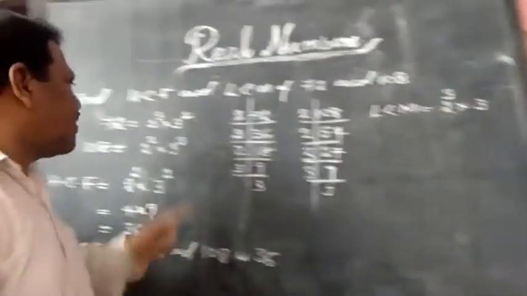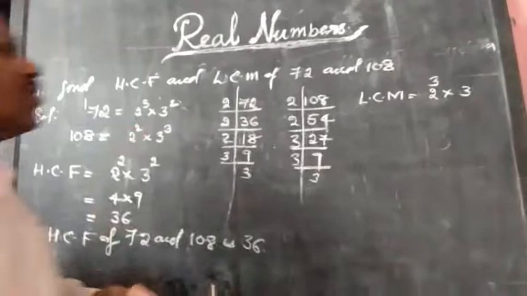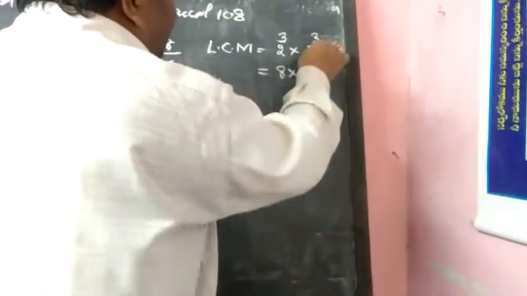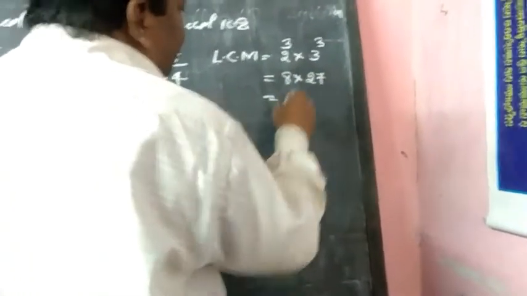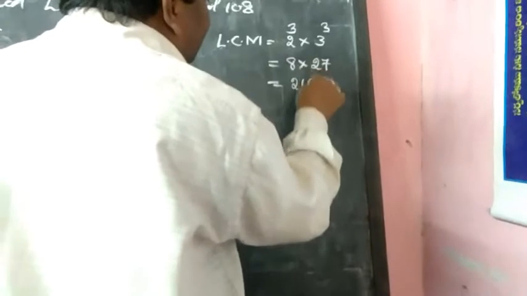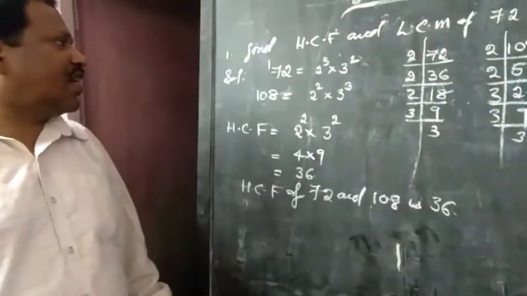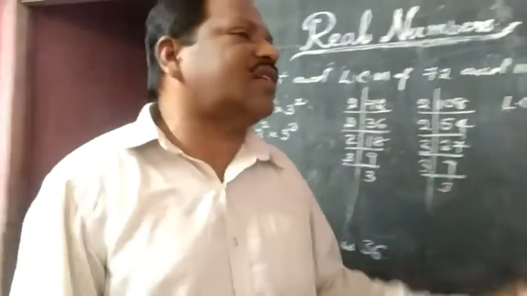Next, 3 square and 3 cube; which is the highest power? 3 cube. So 3 cube. 2 cube means 8, 3 cube means 27. 8 into 27 is equal to 216. What is the answer? 216. So that is the LCM. A very easy way to find LCM and HCF by using the fundamental theorem of arithmetic.